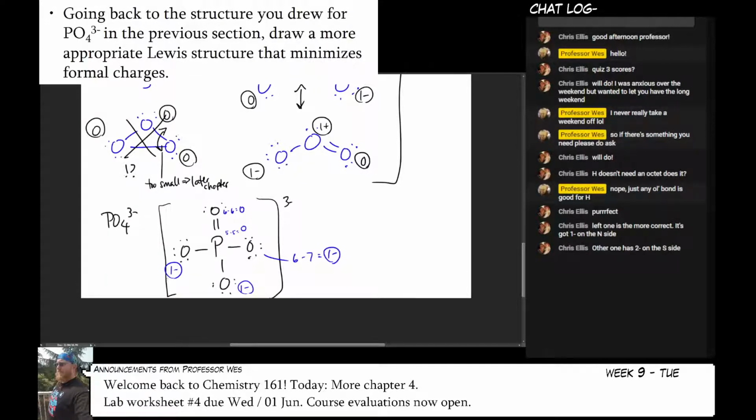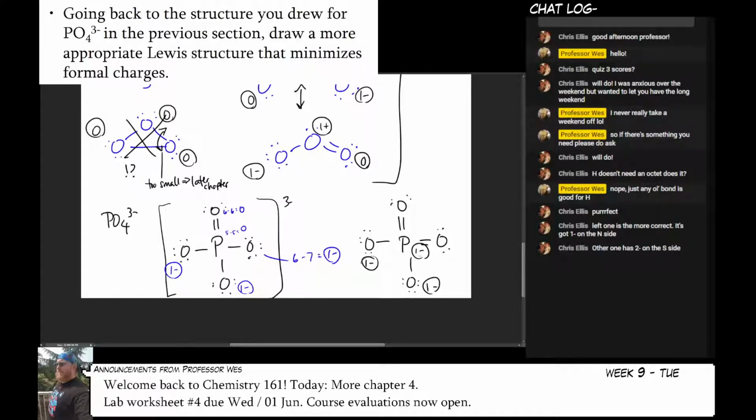And the whole thing has to equal -3, right? So really, I just have to have these floating negatives all over the place. Now, you could say, well, I could do something like this and have the -1 be on the phosphorus, because I'd have a 1- here, a 1- here, and a 1- here.